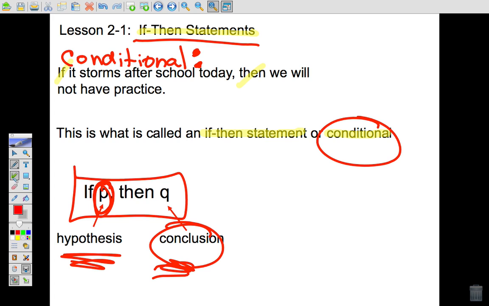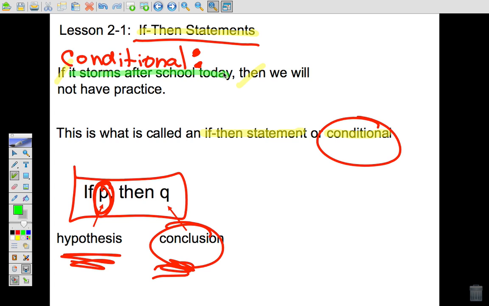So for example, if I go back up to the original conditional with the storms, what's the if part? The if part is it storms after school today. That's the hypothesis. So in other words, the part that follows the word if is the hypothesis.